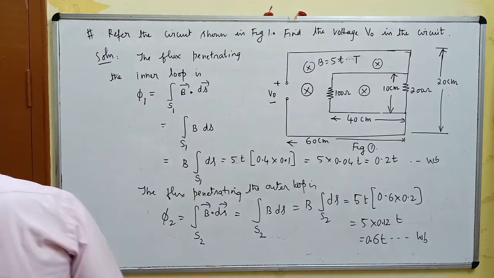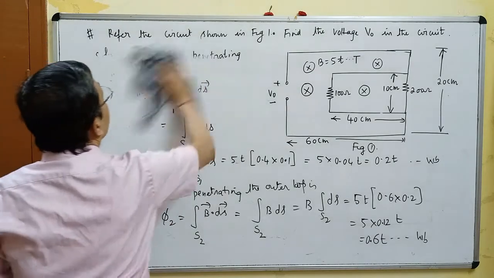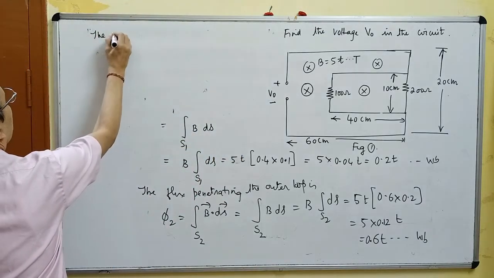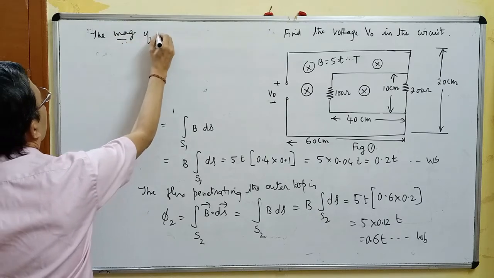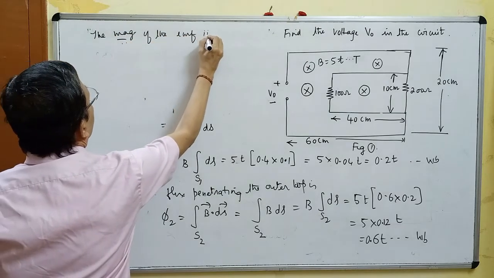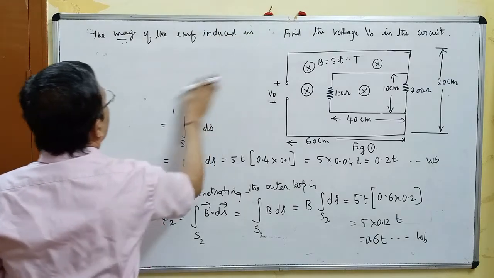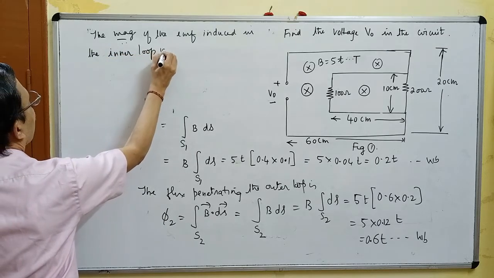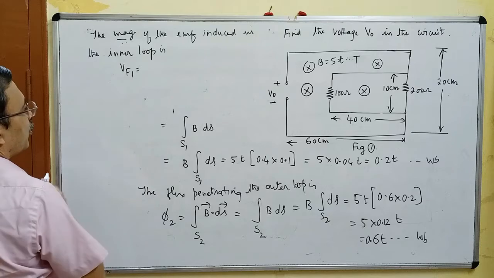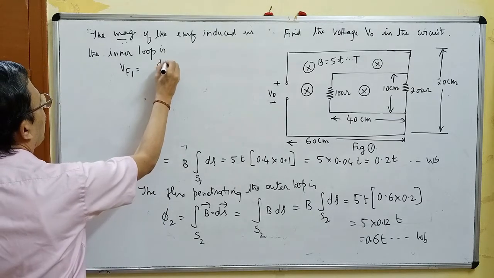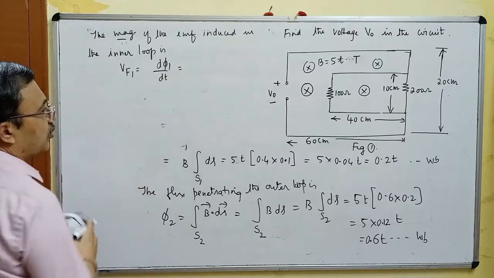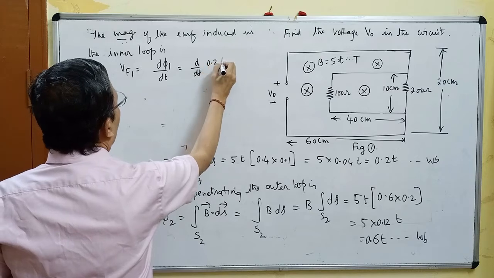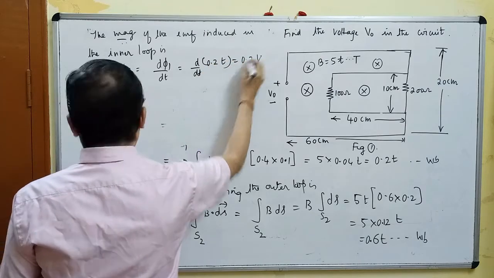Next is the EMF induced. The magnitude of the EMF induced in the inner loop is Vf1 is equal to d phi 1 by dt. So d by dt operating on 0.2t, you get 0.2 volts.